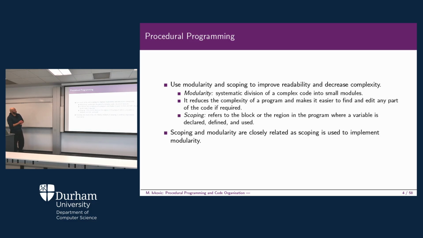Now, scoping, on the other hand, refers to the block or the region of the program where some variable or some function is declared, defined, and used. And these are two closely related concepts, as scoping is actually used to implement modularity. So ideally, what you want to have is bits of the code that no other code is touching, and all you're doing is providing some sort of interface between them.